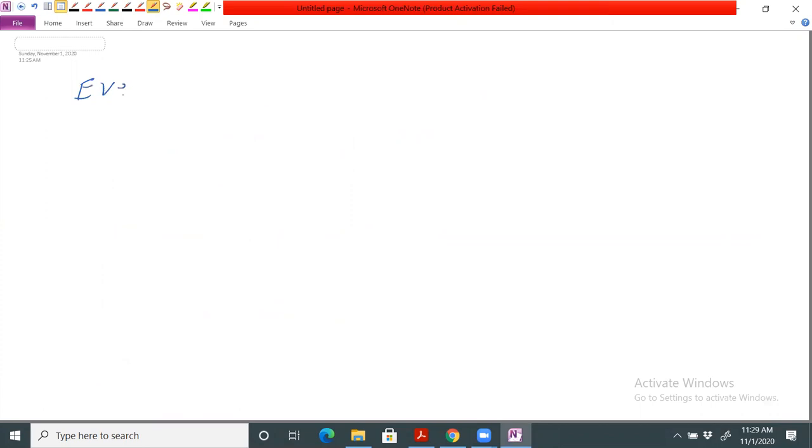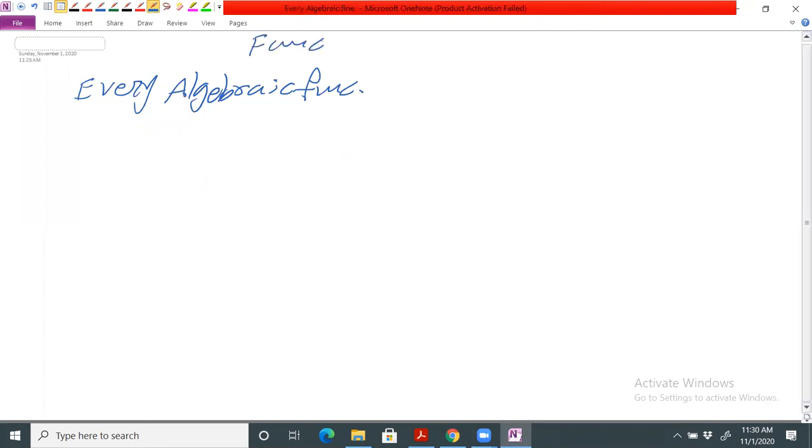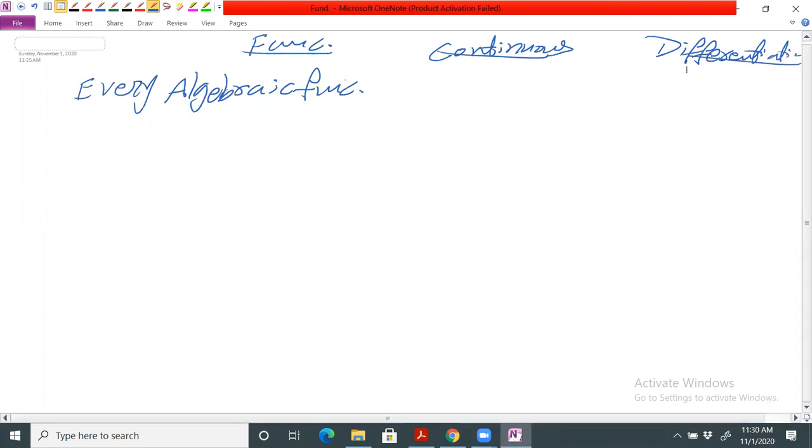I'm mentioning here a small table, discussing continuity and also differentiation. Every algebraic function is continuous everywhere and also differentiable everywhere.